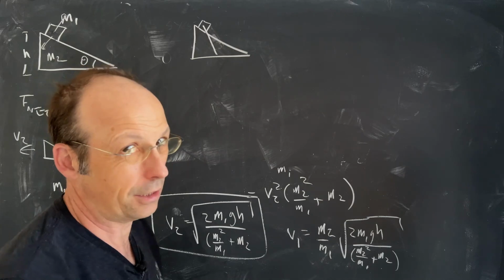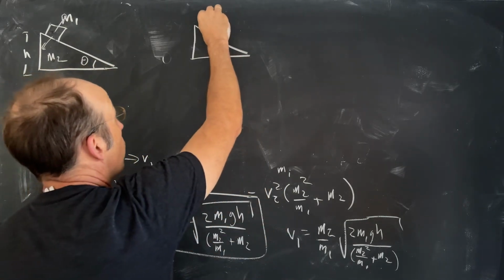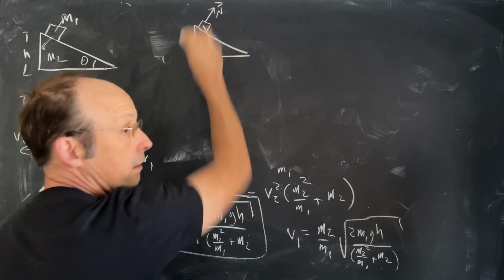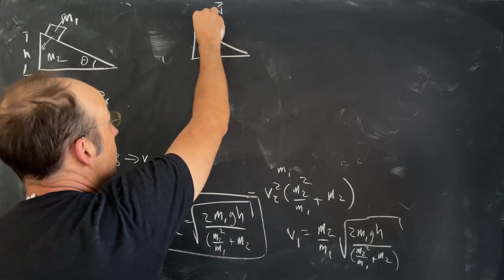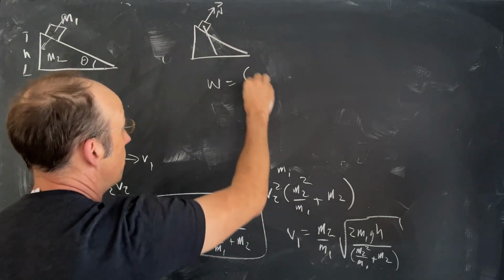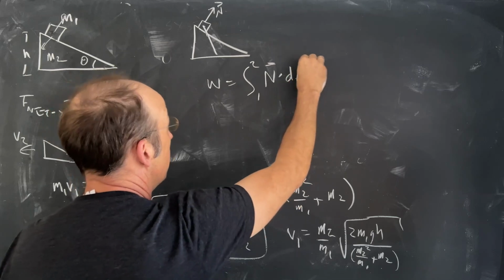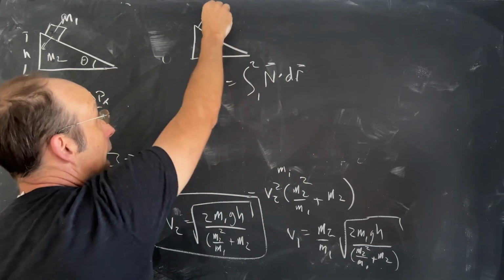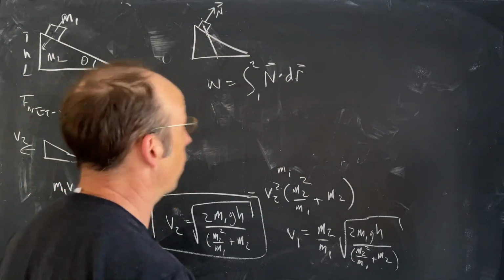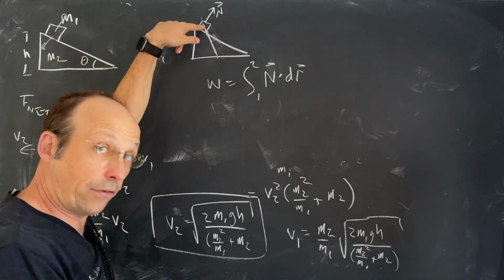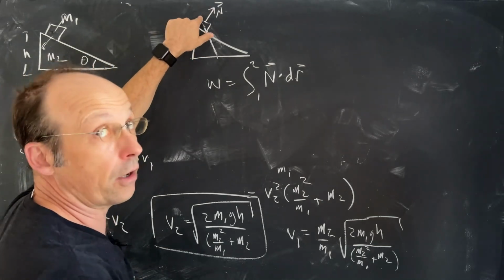Not straight down, it's not going to go in a straight line. But the normal force is that way. So as I do the work as the integral from 1 to 2 of n dot dr, well, this path and that are not perpendicular, so it does do work. And in fact, it's going to do negative work, right? Because the angle is greater than 180 degrees.